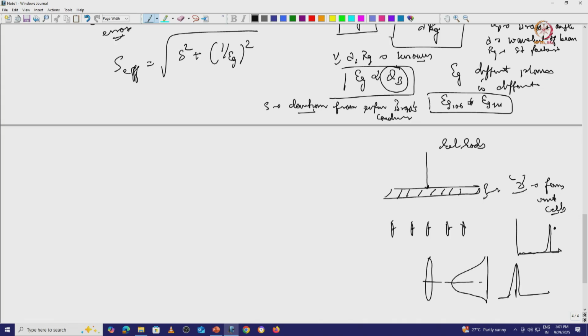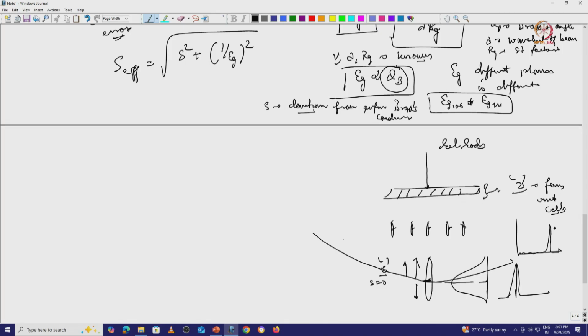So maximum will be at the center and it will diminish, and the deviation from the Bragg's condition is called S, which is a deviation factor. So at the center of the railroad S is equal to 0. If the Ewald sphere cuts at the center, it means that S is equal to 0.